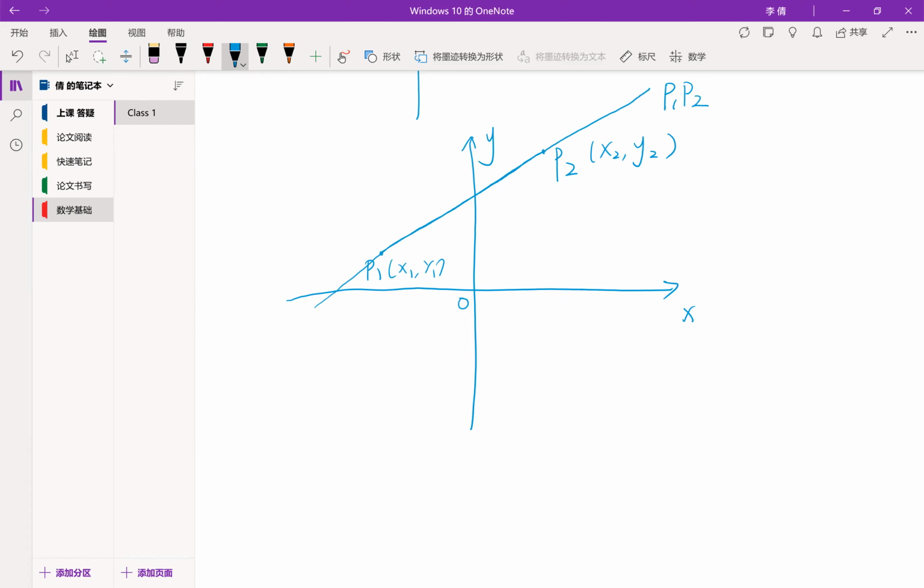We draw a horizontal line through P sub 1, and we draw a vertical line through P sub 2. This is delta y, and delta y is equal to y sub 2 minus y sub 1.